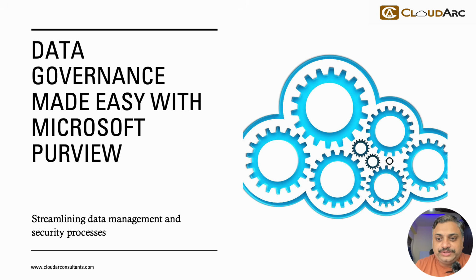In this series of videos, we'll try to make the concepts of Microsoft Purview easier for all of you to understand. We all know that in this connected world, the attack surfaces have increased and we have all the different types of devices connected to the organization's network. Post-COVID, the world has changed.